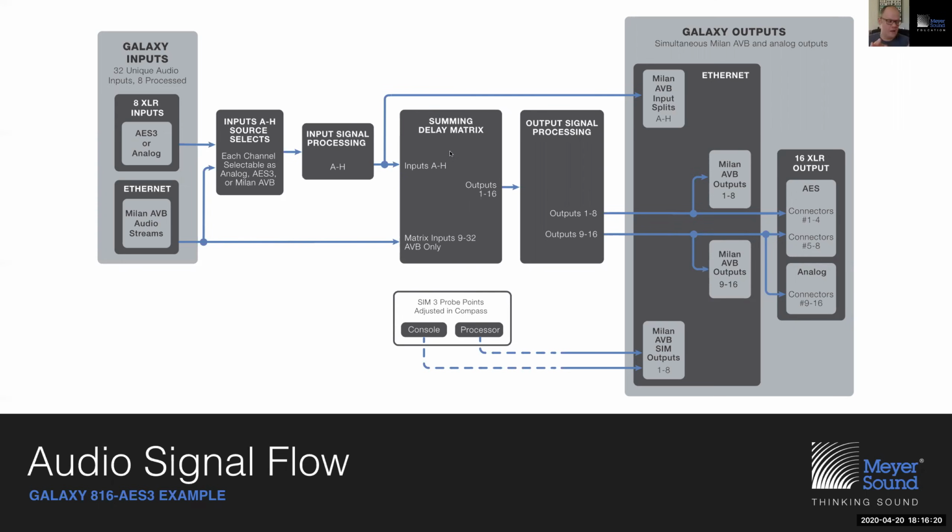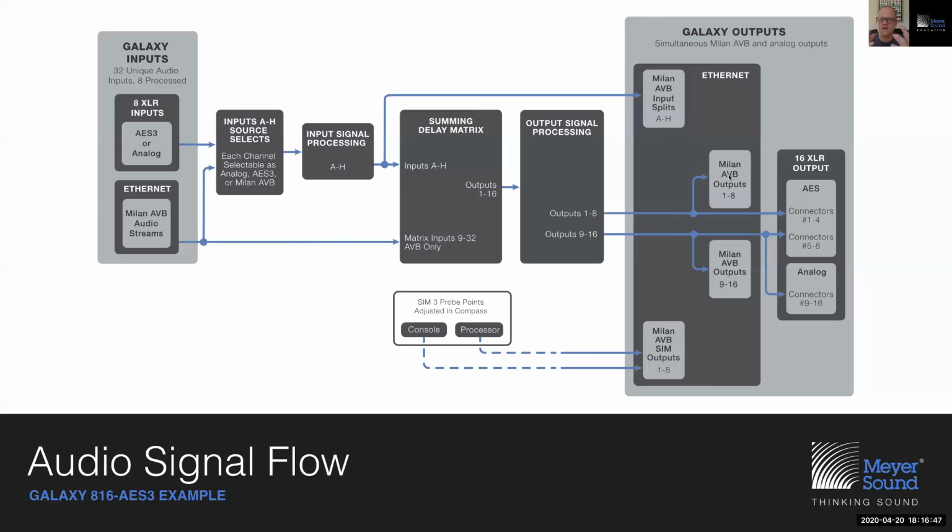Once we've linked our inputs and outputs, the outputs can be further processed using parametric EQ, U-shaping, high-pass, low-pass filter, as we're about to discover. And then finally we go to the physical outputs on the back of the Galaxy devices. Or splice off, we tap those audio signals and send them over AVB outputs, which we'll discuss at greater length during future webinars.